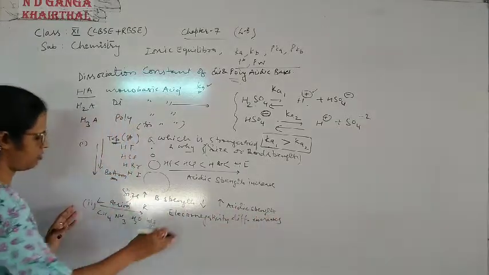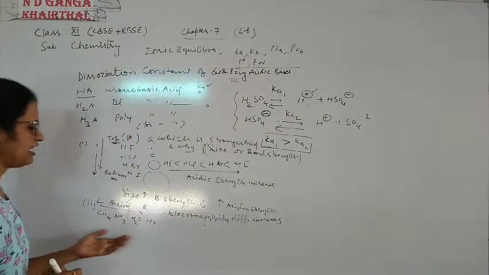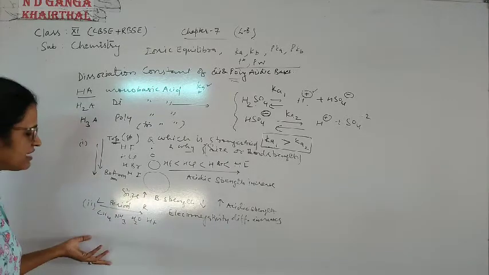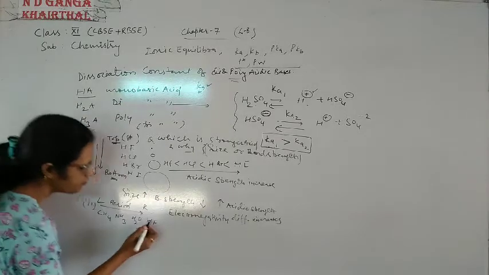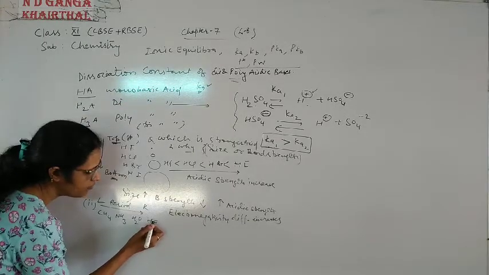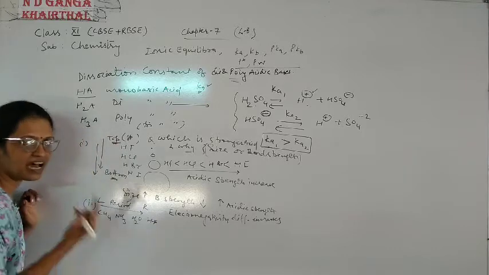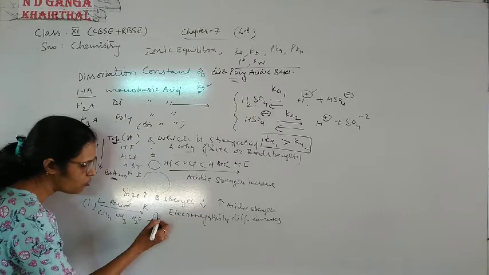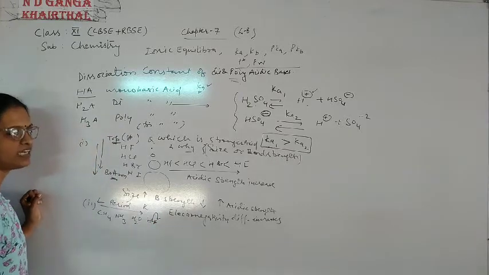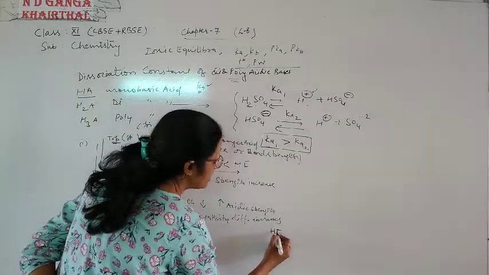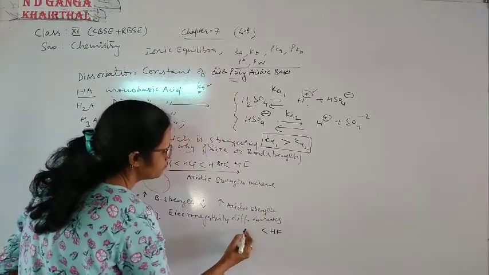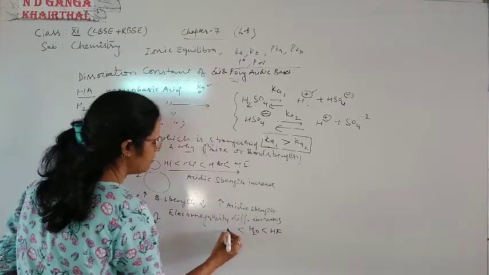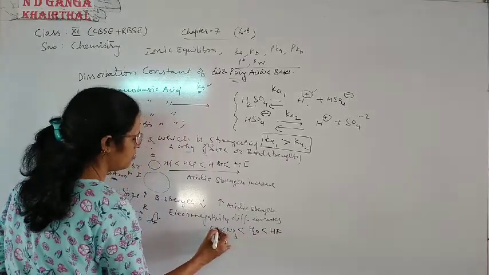F has the highest electronegativity, so it will pull the electrons towards itself, and H-ion will be removed easily. As a result, HF is the strongest acid, then H2O, then NH3, and then methane.